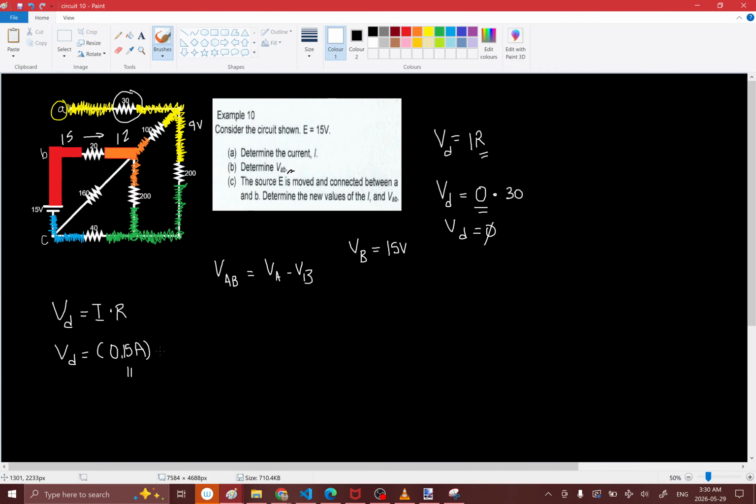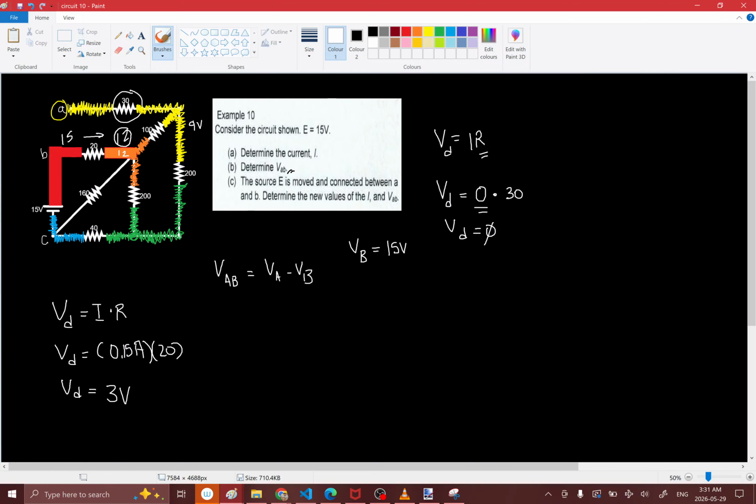So the resistance value here is 20 ohms, right? We're talking about this resistor here. So VD is going to equal, what is that going to be? Times 10, that's 1.5, that's 3 volts. So we're going to lose 3 volts across this resistor. And since we started off with 15, that means that the voltage here is going to be 12. Wow, how did I know that? Okay, so the orange voltage is 12.